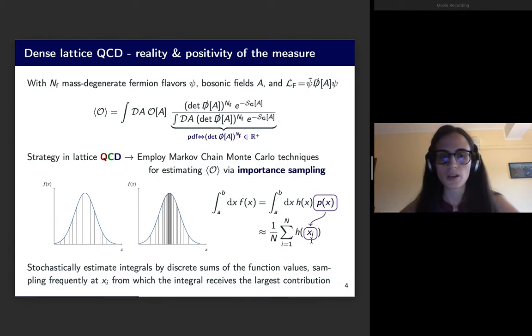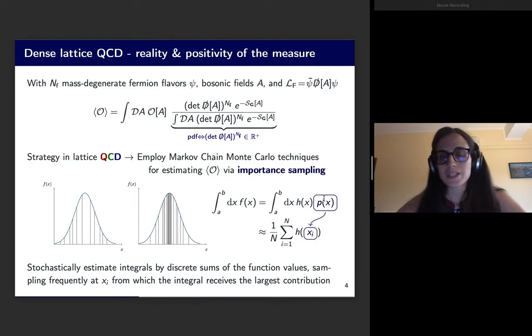According to the Monte Carlo integration theorem, you can then approximate the full integral stochastically with an average of the samples of the integrand at values of the abscissa that are drawn randomly, but according to this probability distribution function.